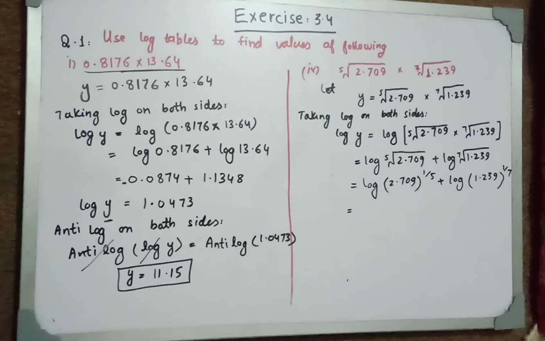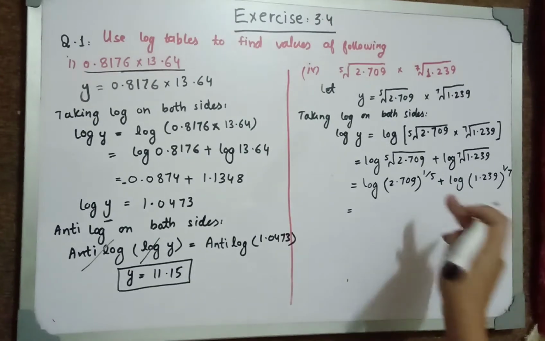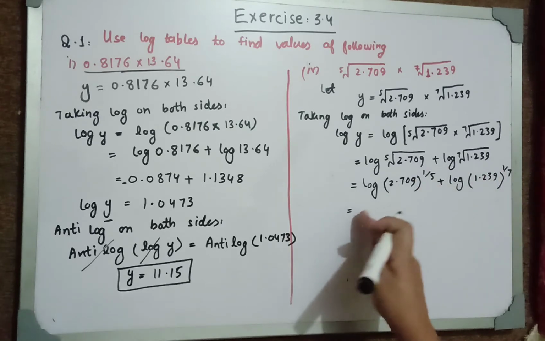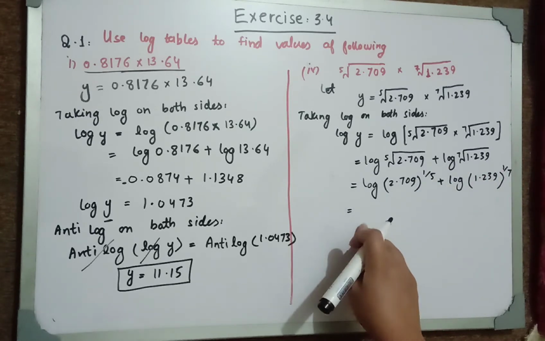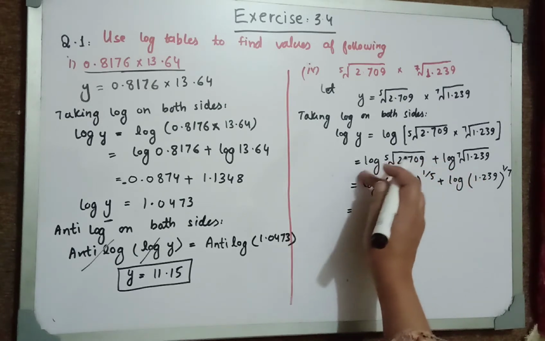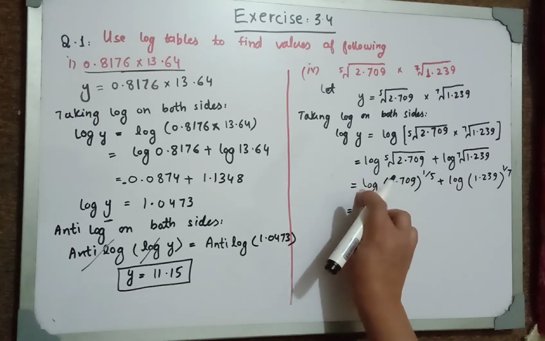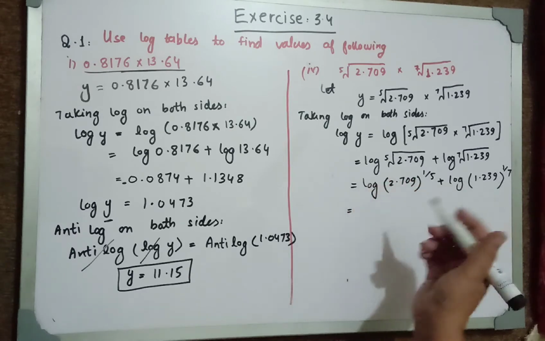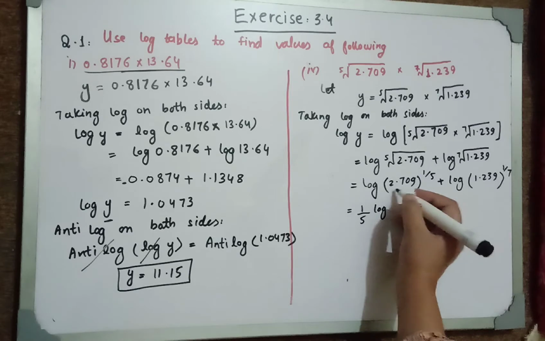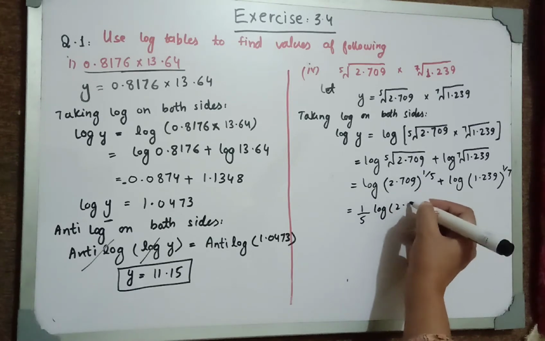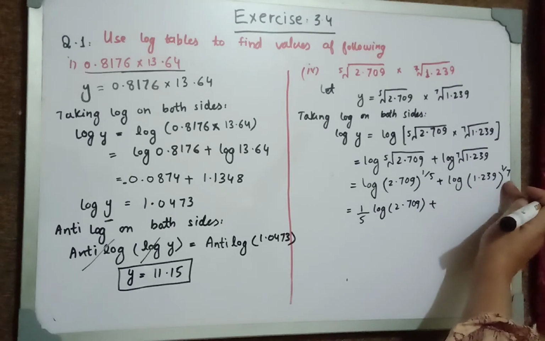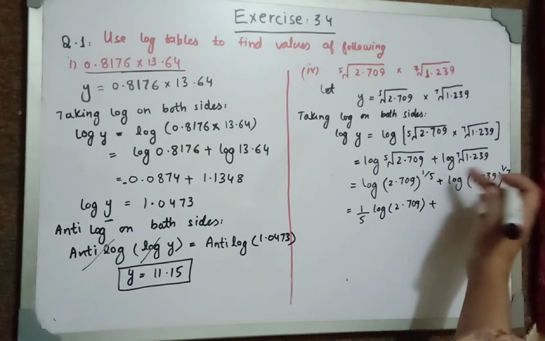Now again we have another law of logarithm, that if the number has any power, that power comes before the log. So we will bring this power before log. This is the law of log. 1 over 5 log of this number will remain as it is, 2.709, plus, now again the power is 1 over 7, it will come before log.